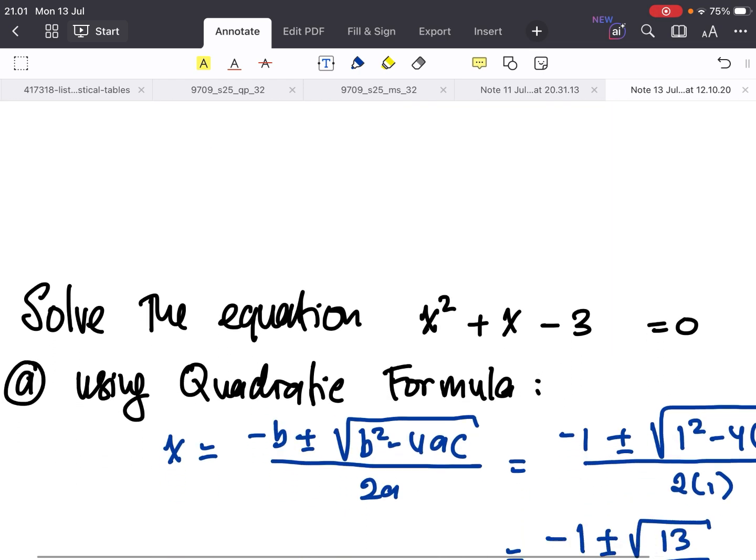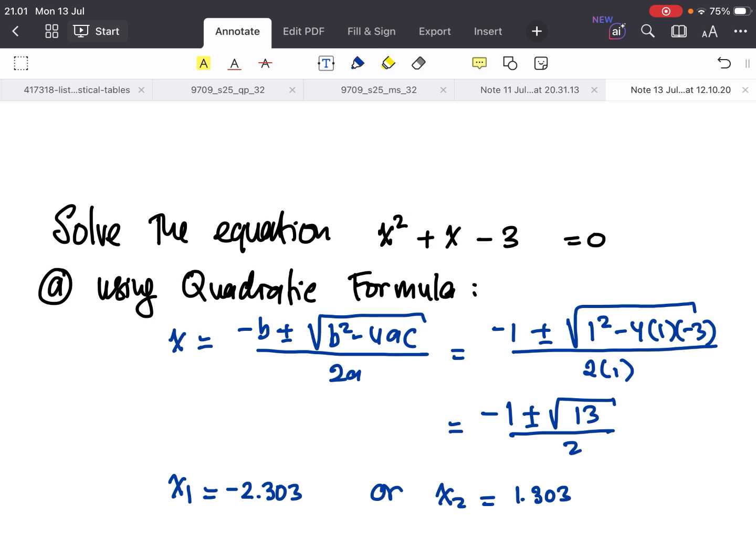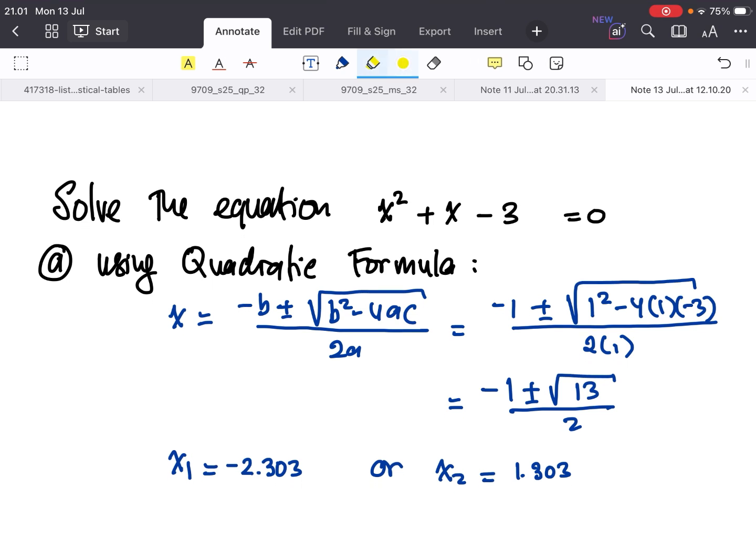So let's start from something that we already know. Suppose that you are asked to solve the equation x squared plus x minus 3 equals 0. We can solve this equation using the quadratic formula. The formula is x equals minus b plus or minus square root of b squared minus 4ac over 2a.